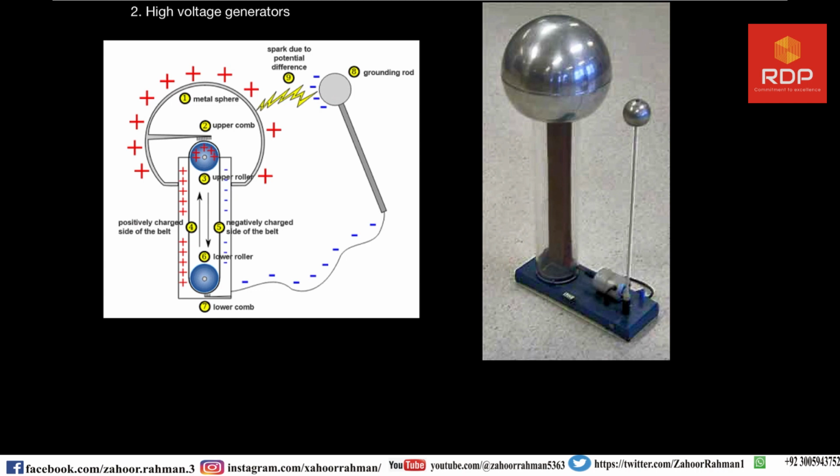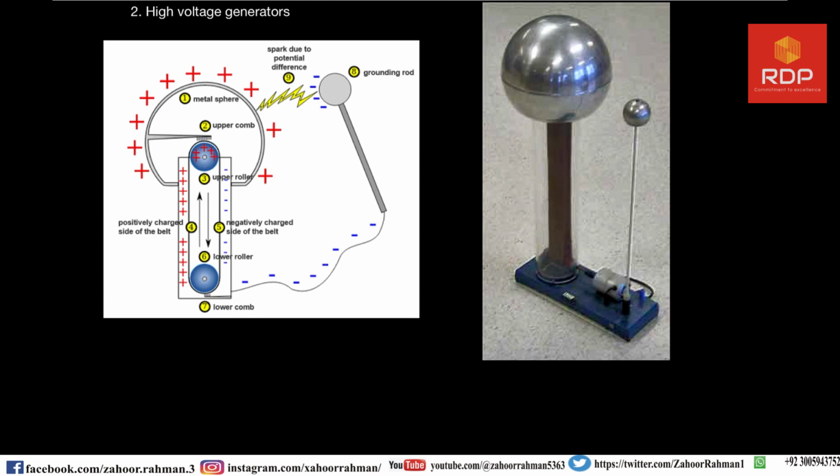It is used in nuclear research to accelerate subatomic particles. Now, the actual figure is shown on the right side of your screen, and the working principle is also shown on the left side of the screen.